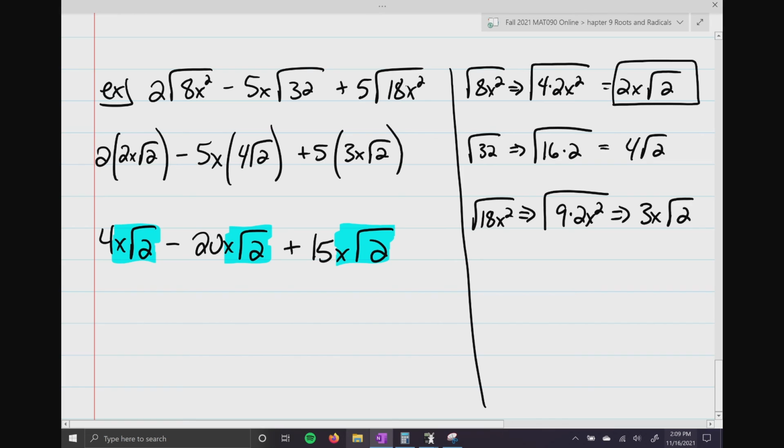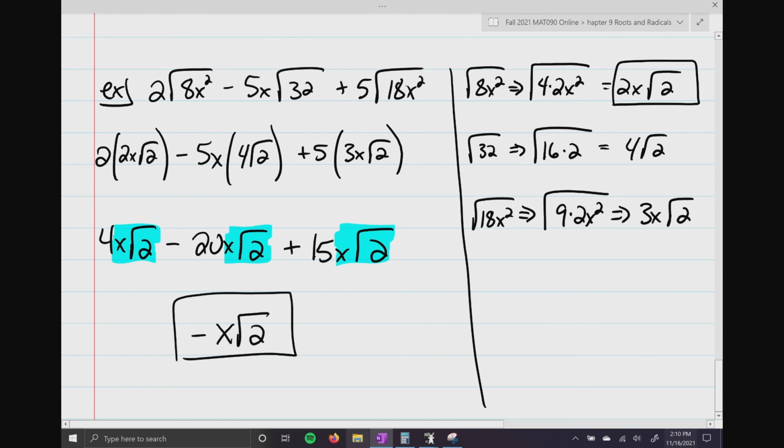So we have x square root of 2 for each of them. So I know my answer is going to be x square root of 2. The question becomes, what's the number? Well, 4 minus 20 is negative 16. And negative 16 plus 15 is negative 1. So this is going to be negative x square root of 2.